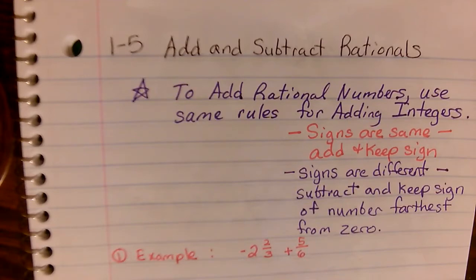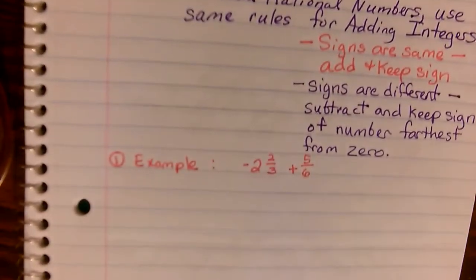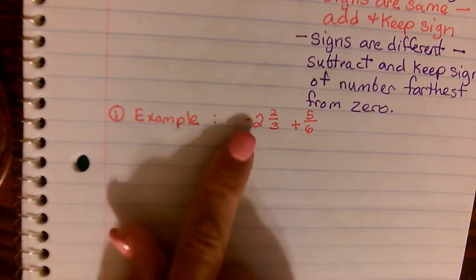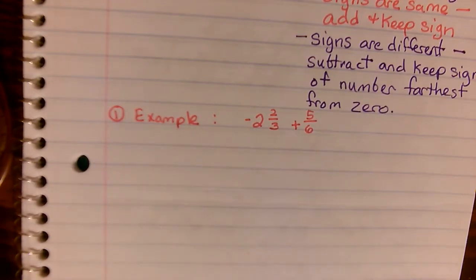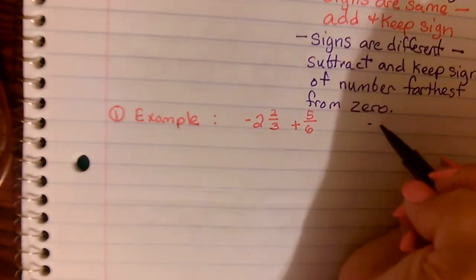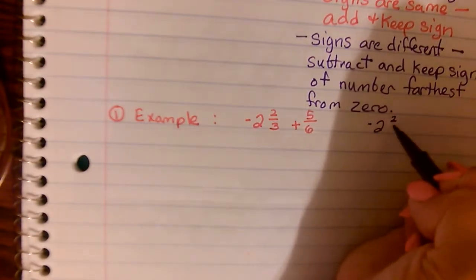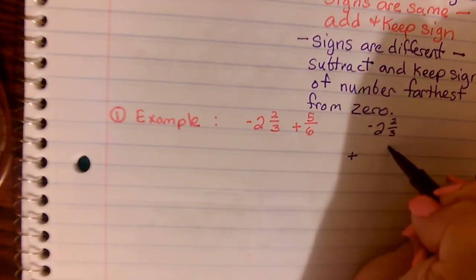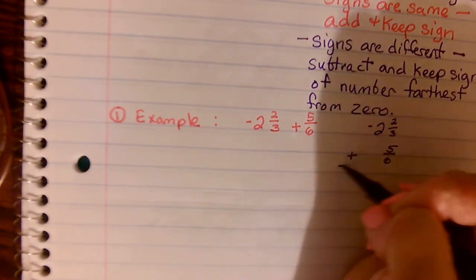There's a couple ways you can do this. One way is I could rewrite this problem like this: -2 2/3 and line it top to bottom plus 5/6.